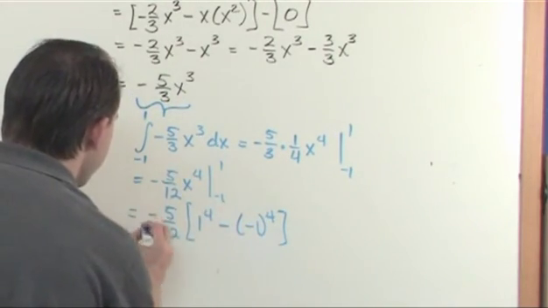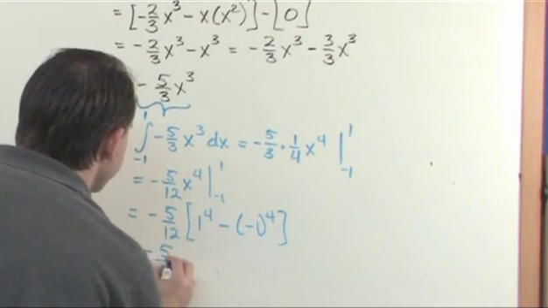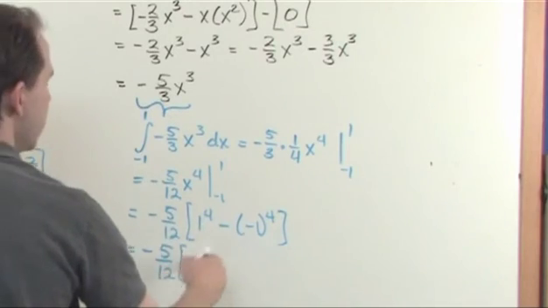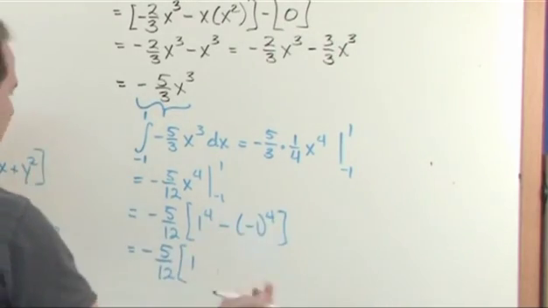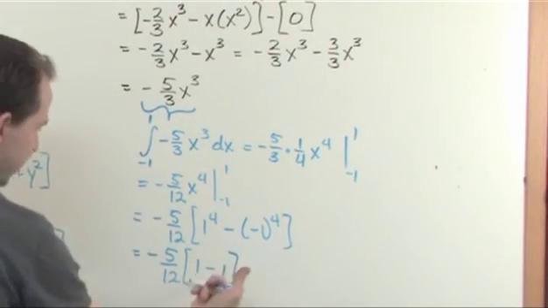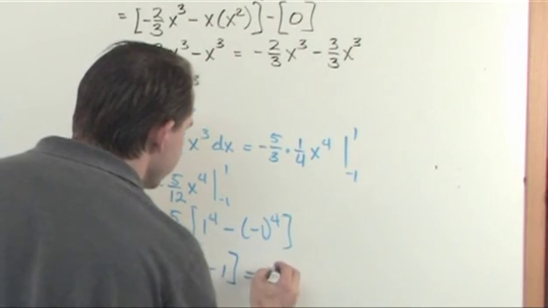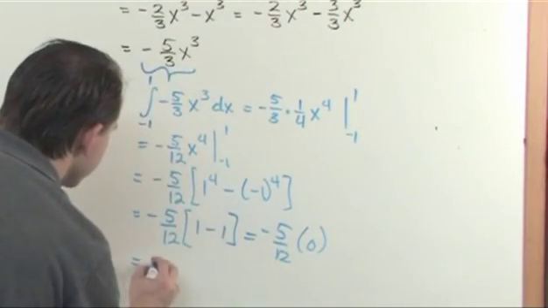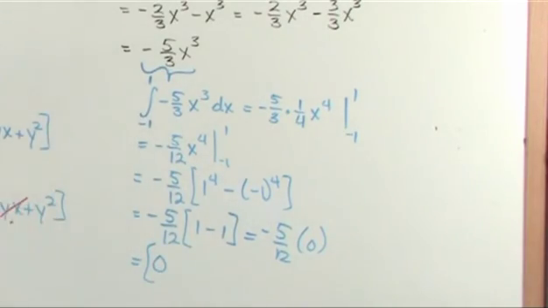And so what you're going to have is negative 5/12, and on the inside, 1 to the 4th is 1, negative 1 to the 4th is also positive 1, so 1 minus 1, which is going to give you 0. So it's negative 5/12 times 0. And after all that incredible amount of work, the answer is that the entire integral is going to be 0.